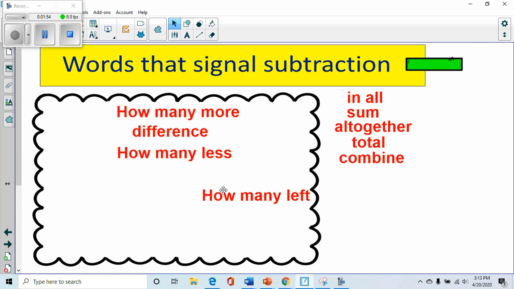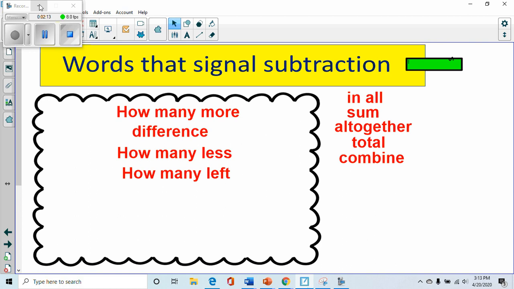How many left also signals me to subtract. How many left means that I have a total number and I'm taking some away from that group and I have to figure out how many are still remaining or are left.